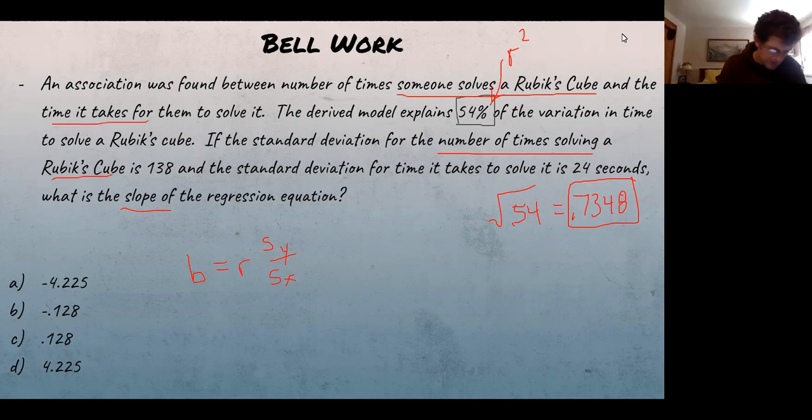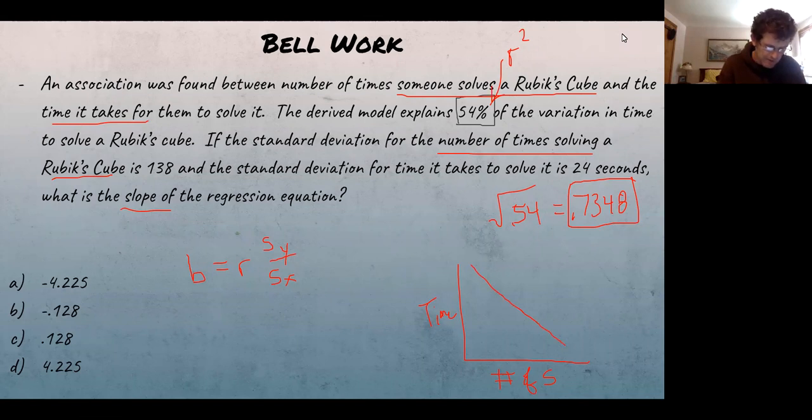If I am using the number of times as my explanatory variable, number of successes, I'll just put S, and then time. The more that someone solves this, the faster they should go. So the higher the number of successes, the lower the time will get. So I'm actually looking at a negative correlation between these two. And in this case, negative is a good thing. We want our time to go down.